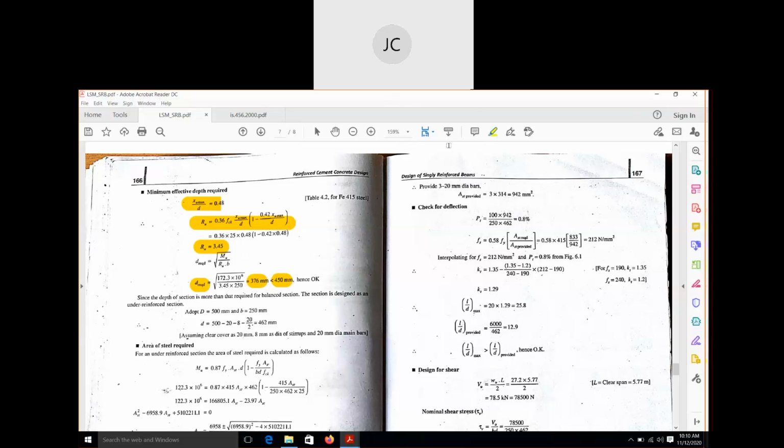That means our assumption is correct or wrong? The required value of effective depth we have got is 376, and we have assumed the effective depth as 450. So can you tell me whether our assumption is correct or wrong?